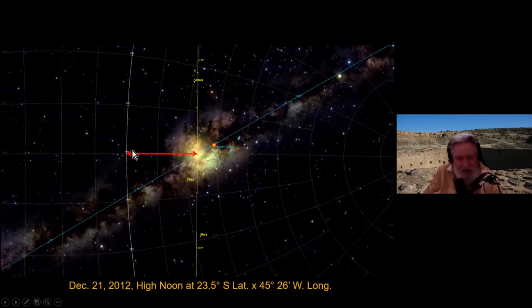Well, this is the solstice, and the solstice occurs when there's the maximum distance between those two planes. And you can see here that it's right here at this 18-hour line, right? So this line, check this out, this line, the plane of the ecliptic, and then this green line is the galactic plane, right?